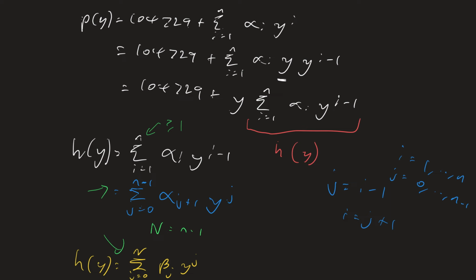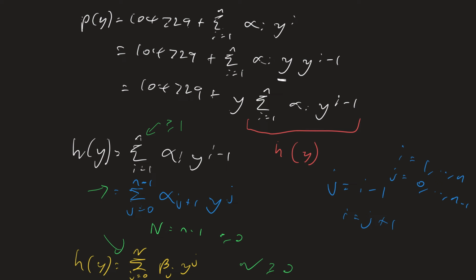So if we're not discussing a constant polynomial, then my little n will be greater than or equal to 1. And so my big N is going to be an integer that's greater than or equal to 0. And that satisfies the requirement here for a polynomial that my big N is greater than or equal to 0.